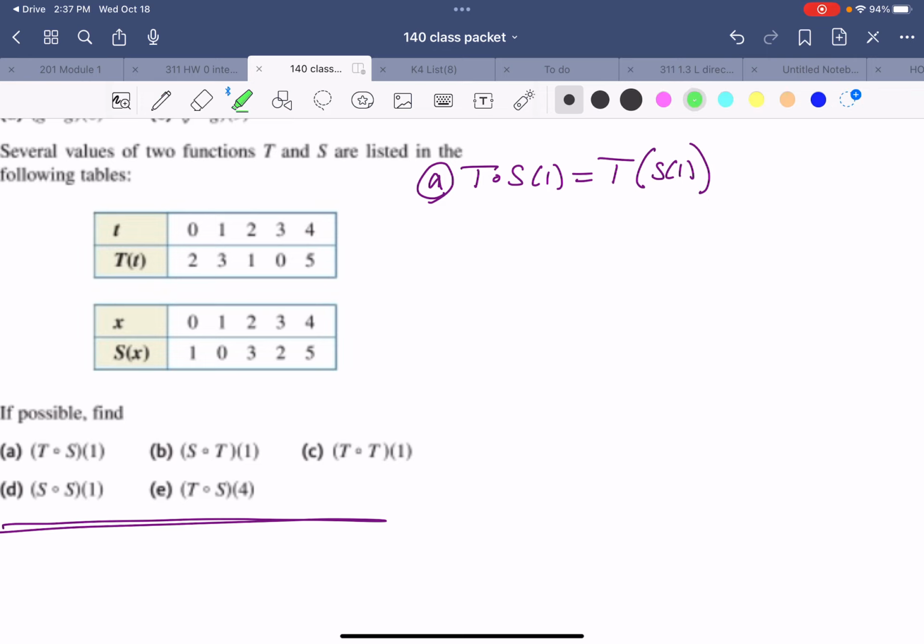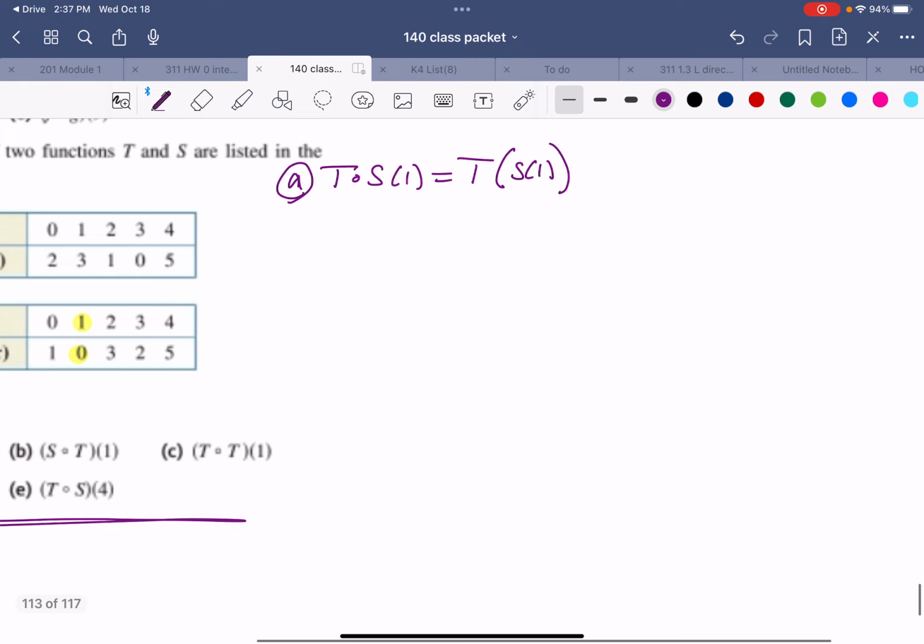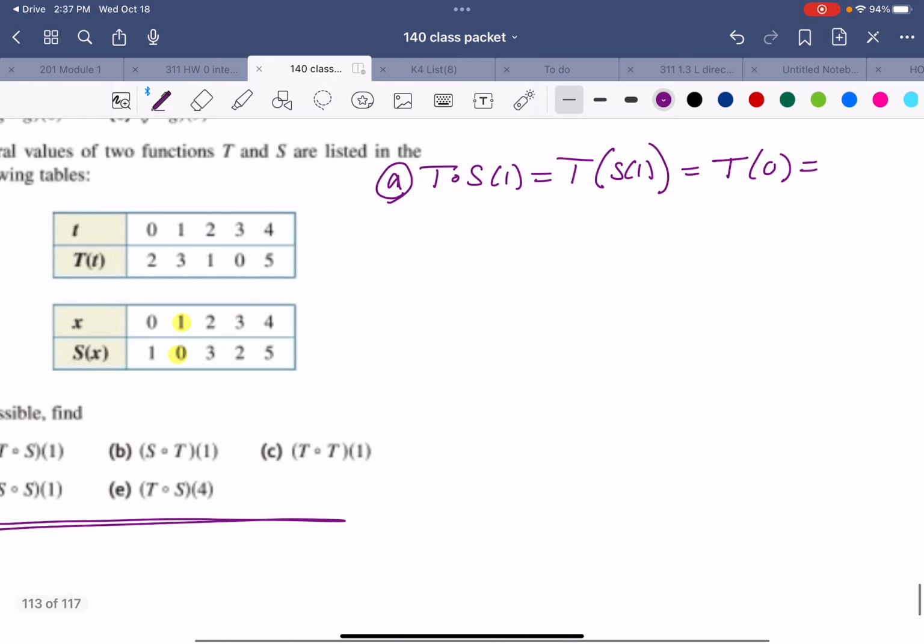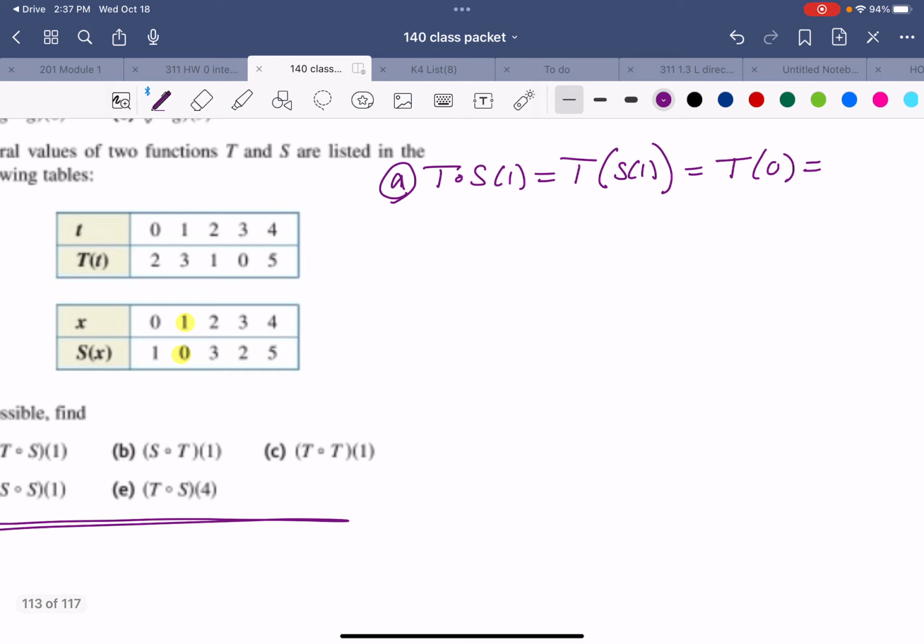To find s of 1, we go to the chart with s, and our x value is 1. So if our x value is 1, then our s value is 0. So I'm going to replace the s of 1 with a 0, and then evaluate the new one. So t of 0 is what I'm looking for here. So I'm going to go up to the t chart. My x value is 0, and the t value is 2. So this is going to be 2.